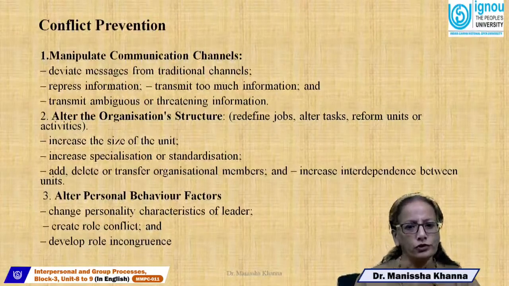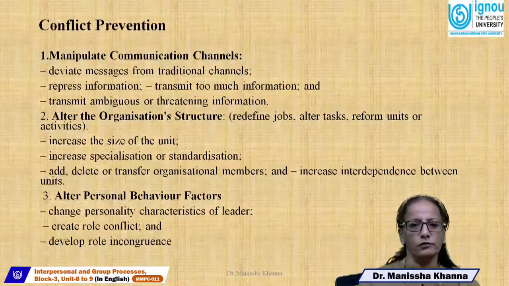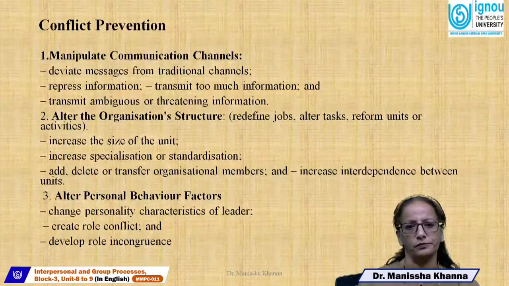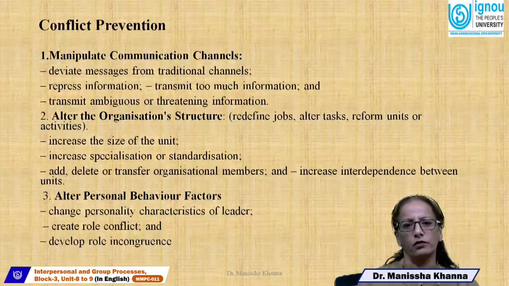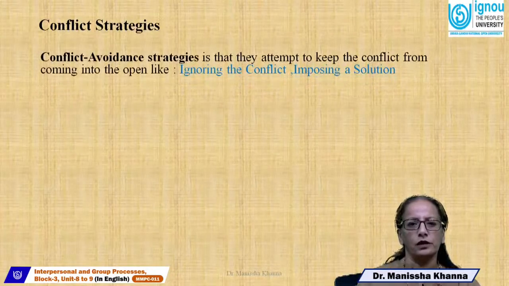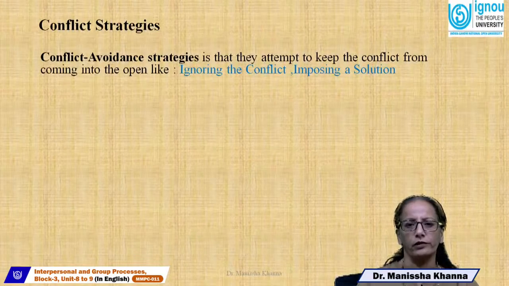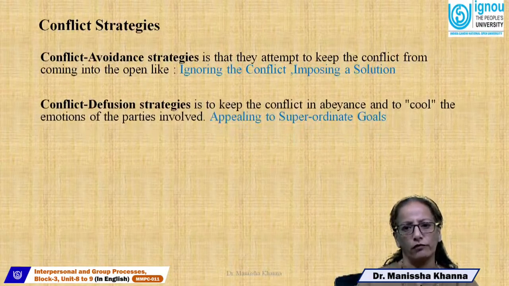Altering personal behavior factors is very important in terms of conflict prevention. Here, change the personality characteristics of the leader, or create the conflict, or develop the incongruence between the individuals. The conflict strategies: conflict avoidance strategies refer to ignoring the conflict and imposing the solution.